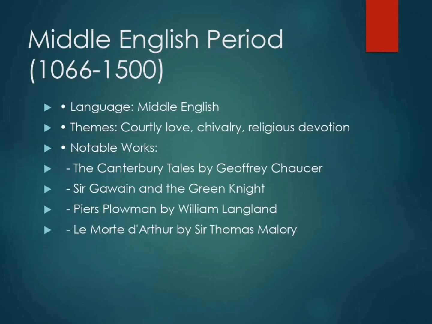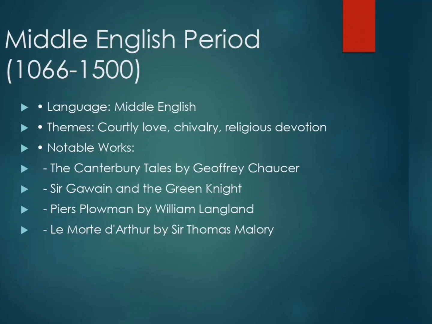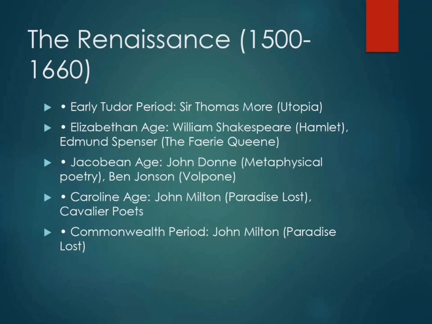After the Middle English period, we'll be learning about the Renaissance period. The Renaissance period was said to be the period of humanism. Humanism evolved in this period. So this period started from 1500 AD and continued till 1660 AD.